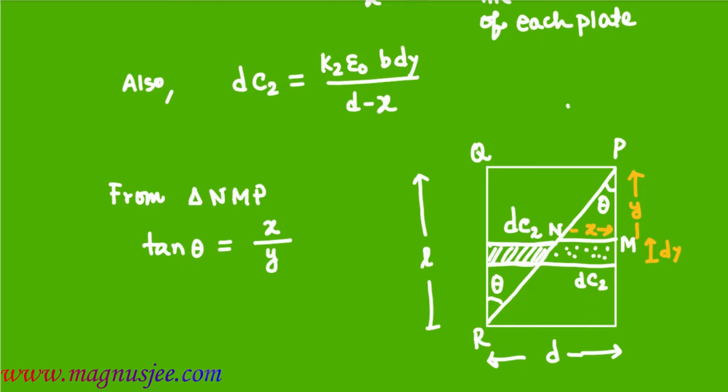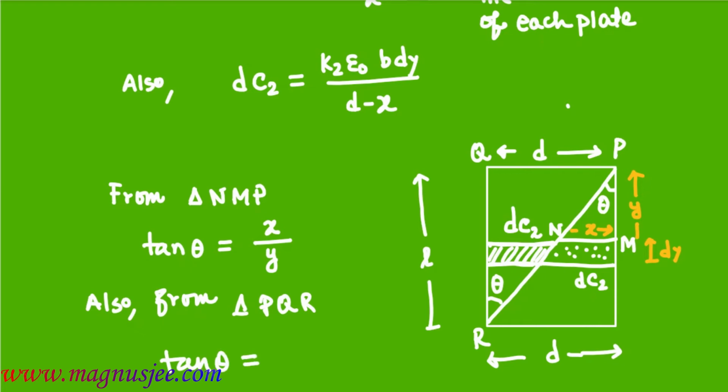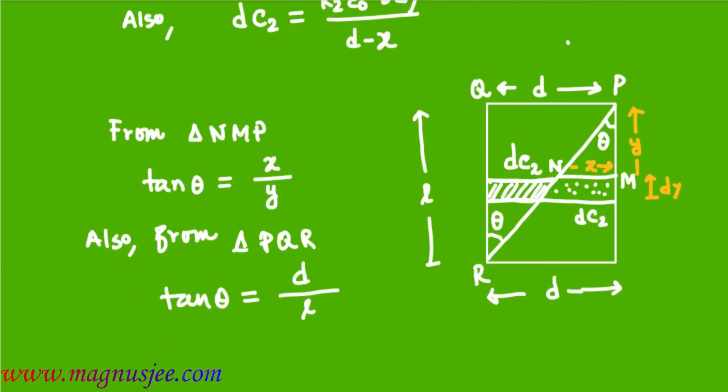Again, from the greater triangle PQR, we can find the value of tan theta. This width is d, and that is the perpendicular of this triangle PQR, and base is l. Tan theta is equal to d by l, perpendicular by base.